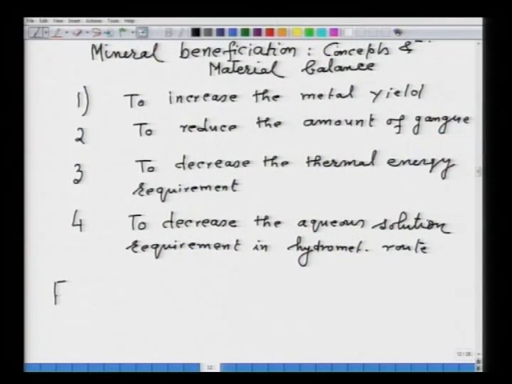Now, the question comes: how to increase the metal grade of the ore? The first step, whether it is pyrometallurgical extraction or hydrometallurgical extraction, is called mineral beneficiation.